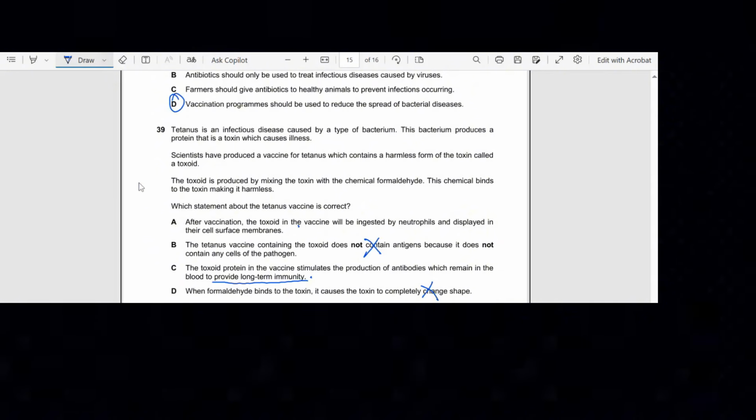What actually gives long-term immunity are memory cells. Antibodies get removed from the blood after a while, but memory cells remain in the blood for long-term immunity.